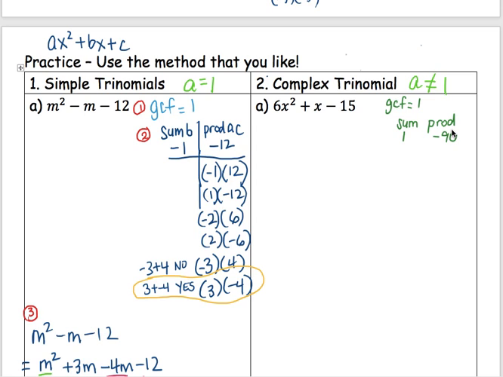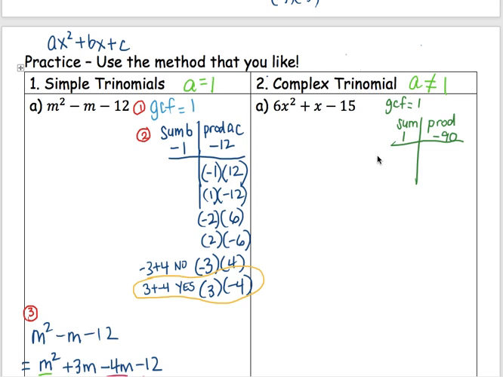Okay, so from there, you have to brainstorm and think of the numbers. The conditions are you have to multiply to negative 90, and you have to add to positive 1. Okay, so let's try to use that trick I was trying to show you in the last example, where you're just trying to brainstorm as quickly as you can all the different factors that make up 90, and as you're going through, add and subtract them and see if you can get to a value of 1.